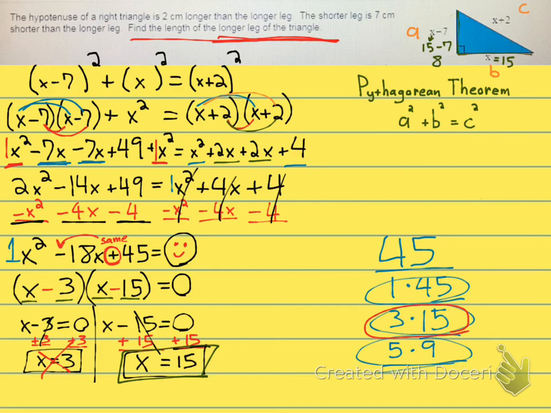And then my hypotenuse would be 15 plus 2, which is 17. And I'll believe that too. All right, if you really want to check it, you can square 8. You can square 15. Add those two together, and it should give you 17 squared. So that's a calculator exercise for you to try.